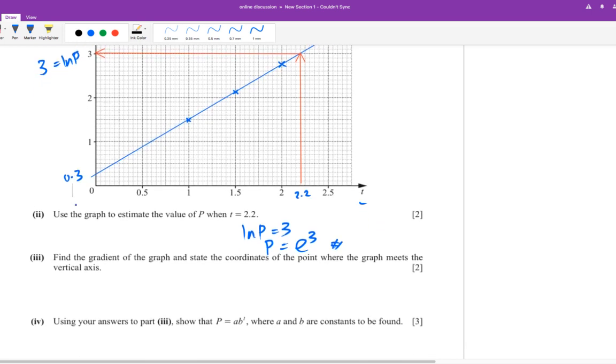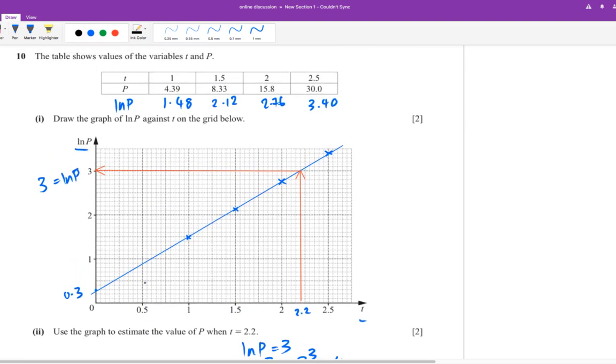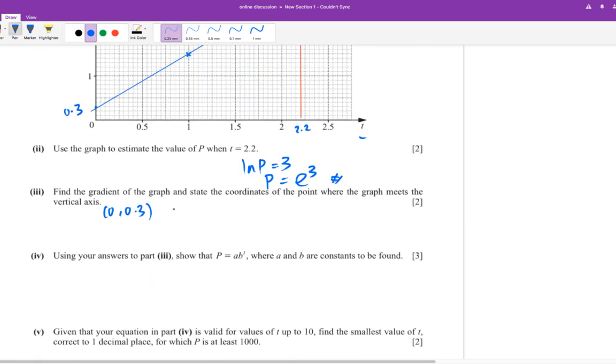This coordinate is 0 and 0.3, and I will take one more from above here, 1 and 1.48. I can find the gradient easily by using 1.48 minus 0.3 over 1 minus 0. Then I will get my gradient.